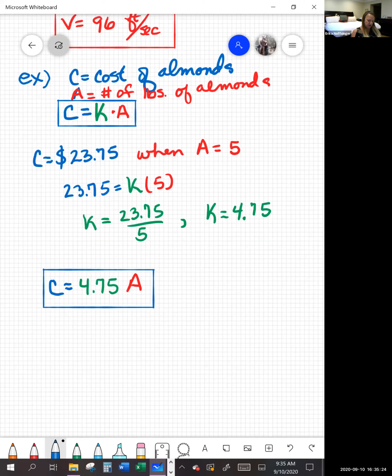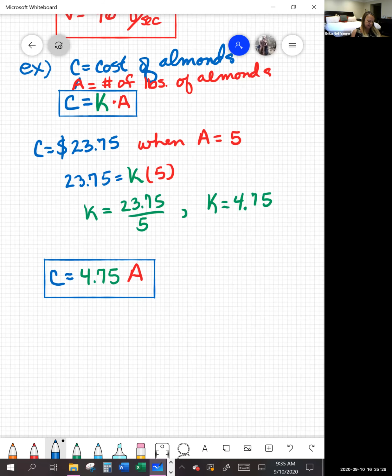Last part of the question says, and find the cost C when the number of pounds of almonds is 3.5. What is the cost when 3.5 pounds?